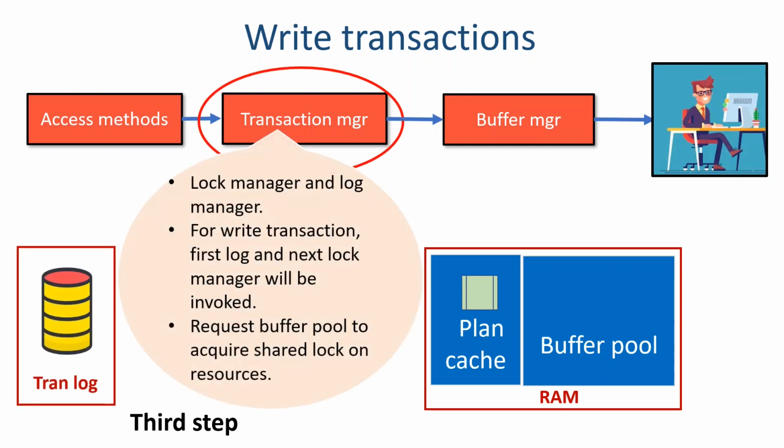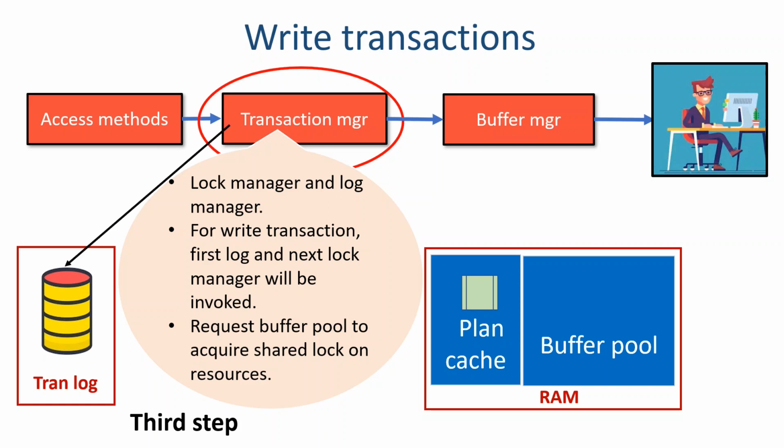As it's a write transaction, before writing anything into the database pages in the buffer pool, the transaction manager should first invoke the transaction log manager part of it, and write what operations and modifications it wants to do in the transaction log first, and then it will invoke the log manager part of it.